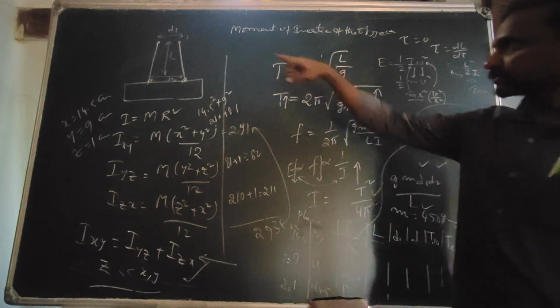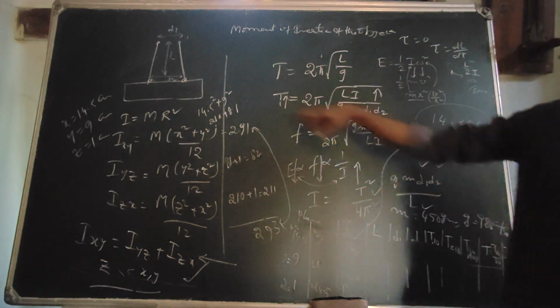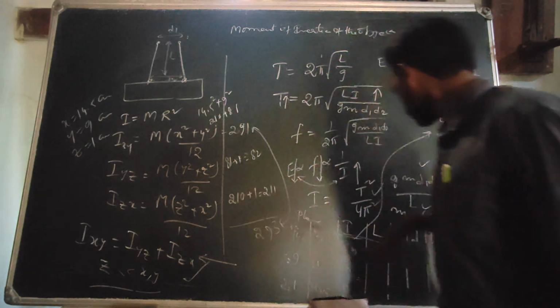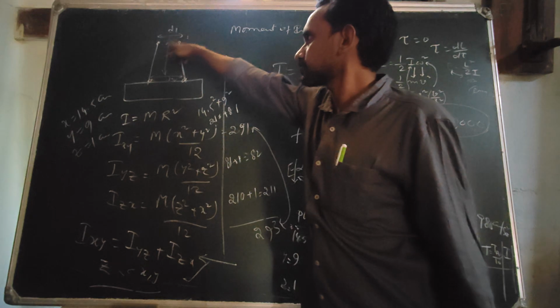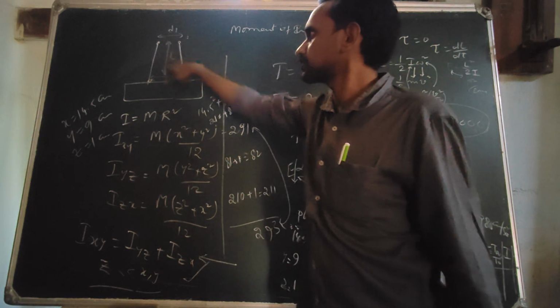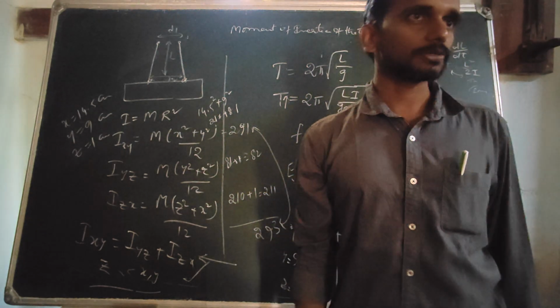Then d1 is the separation between the top suspension points, d2 is the separation between the bottom suspension points, l is the length of the pendulum. So you have to measure from center to center of top suspension to bottom suspension.